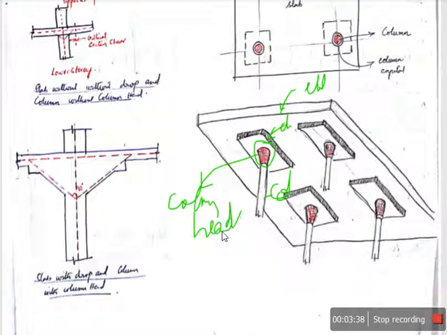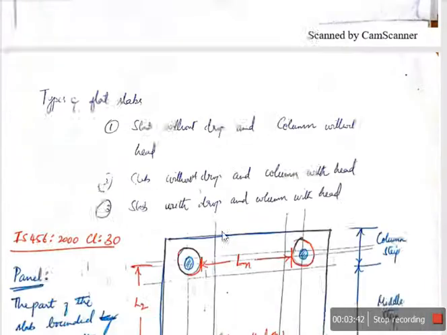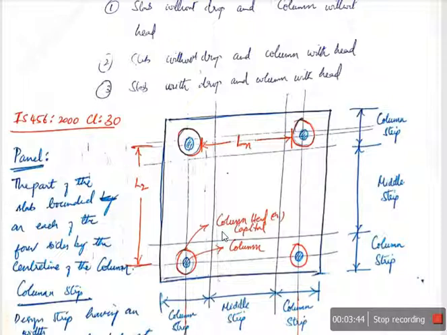The entire panel of the slab is divided into column strips and middle strips, and we calculate the column strip bending moments and middle strip bending moments in the shorter direction. In the same way, we calculate the middle strip and column strip bending moments in the longer span, and based upon these values we calculate the steel, distribute the steel, and detail the drawing.